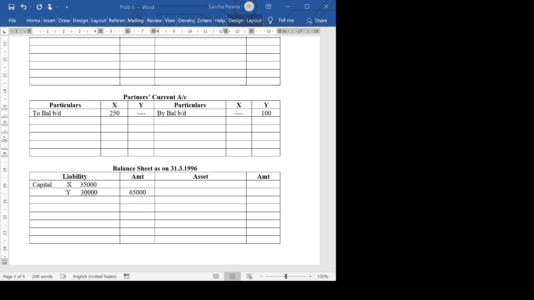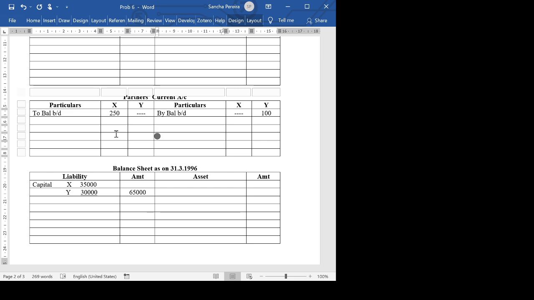Okay, let's understand it further. Let's look at it this way. For example, for Y, they have a balance of 100 rupees. Say suppose the drawings were 20 rupees. Forget about this big amount. Would these drawings reduce their balance or would it increase the balance?